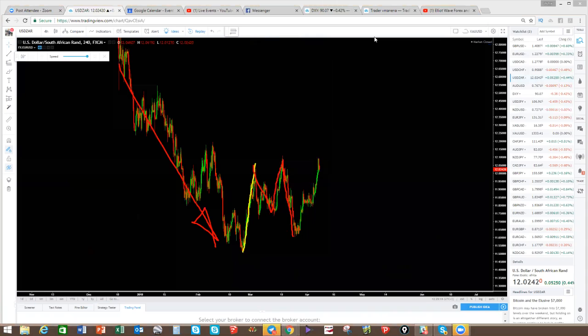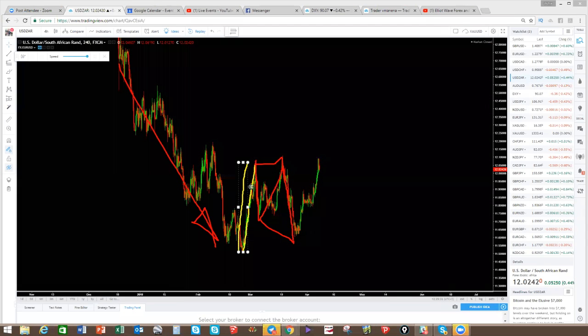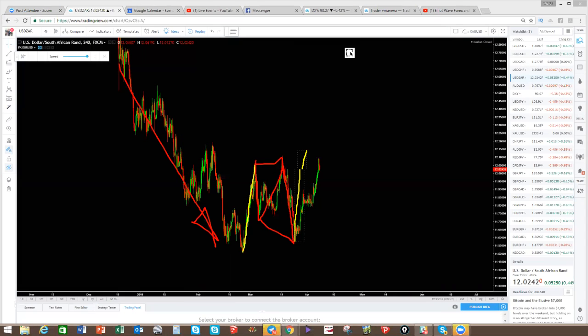I didn't draw it clearly. Let's draw it clearly. That's 1, 2, 3 expanding flat. So with US dollar ZAR, we expected to get a move here that was similar in size to this one, like that, as you can see over there. So we're expecting it to come to that level.